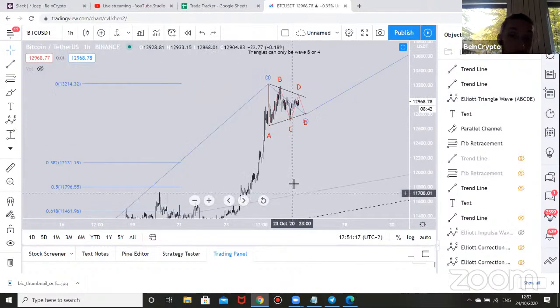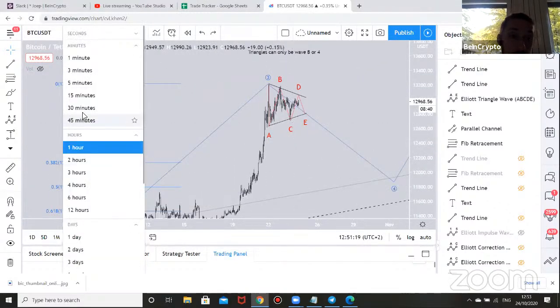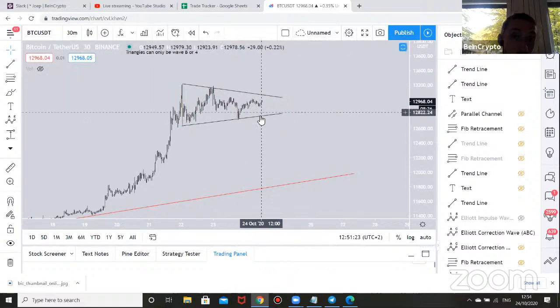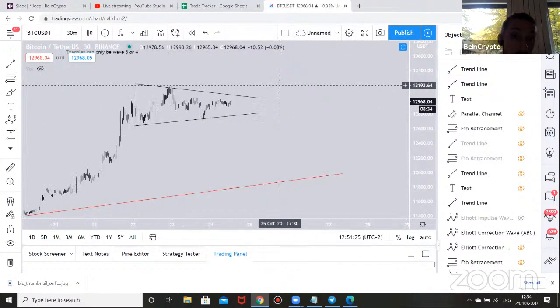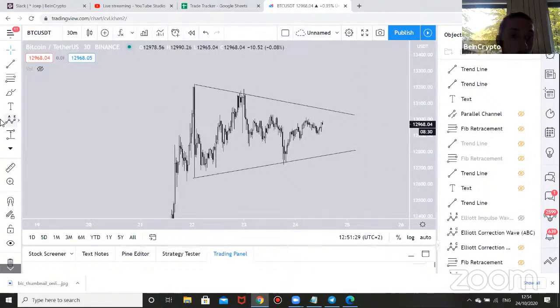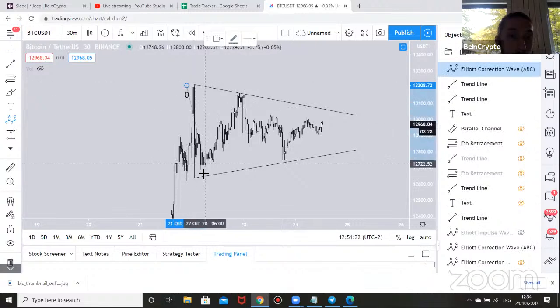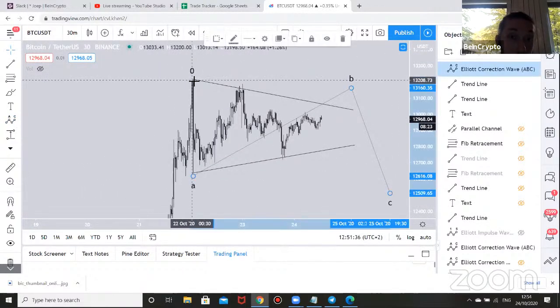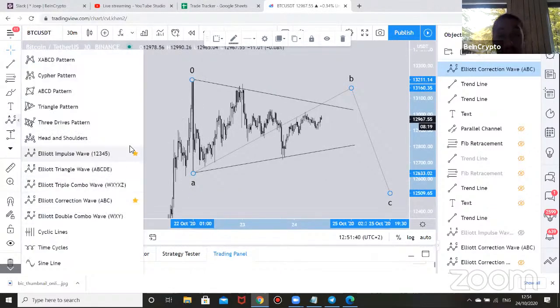The other possibility would be that, okay, this move down was wave A, right? And then the triangle is the B wave inside an ABC correction.